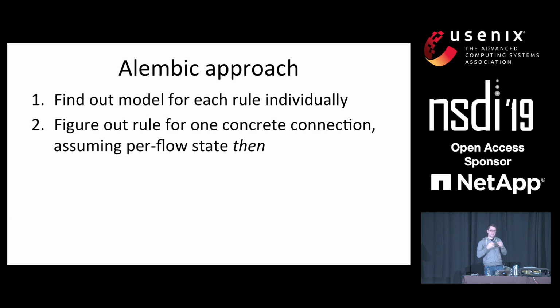And then within a single rule, you might have an entire range of addresses that can be applied. And again, the assumption here is that any single connection will be treated in the same way, and basically what the tool does is just try to infer the state for a single connection and then extrapolate that the same rule will hold for any possible connection within that range.